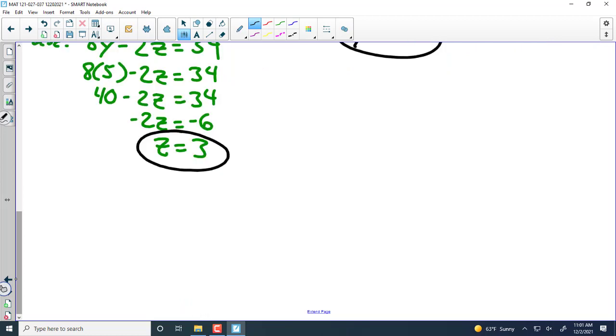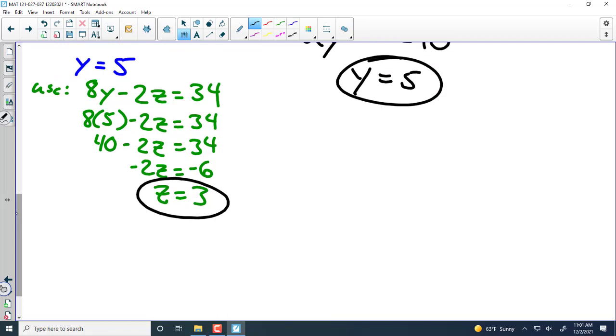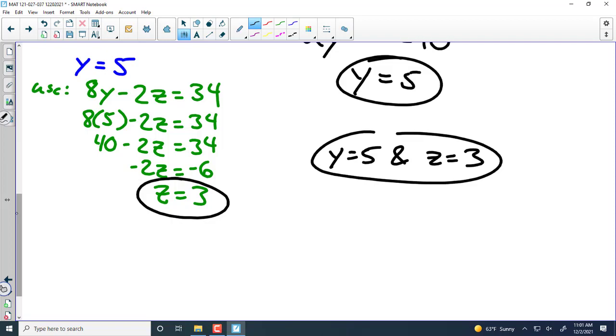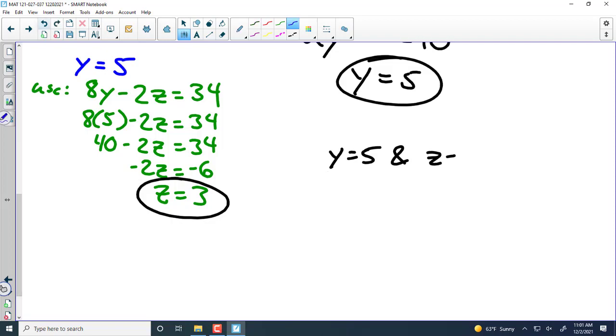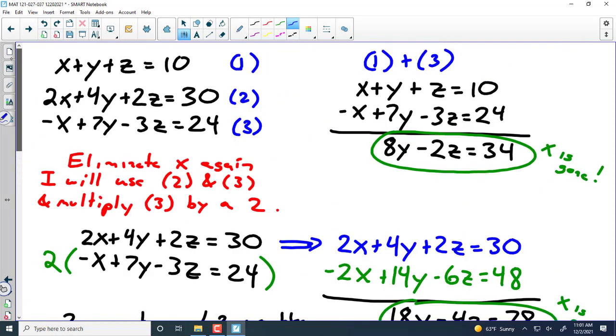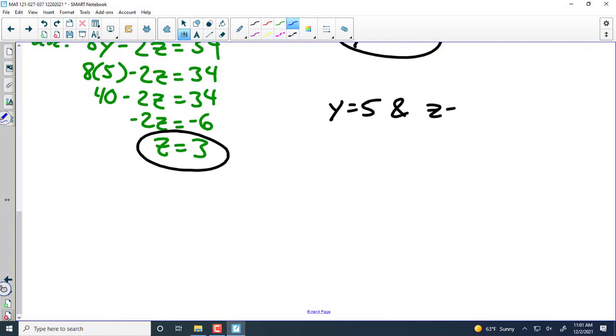Then you take y equals 5 and z equals 3. I won't circle that one. And you go back to any equation that has x, y, and z in it. What's the easiest one? 1, 2, or 3? Which is the easiest one that has x, y, and z? 1. Yeah, the first one. X plus y plus z equals 10.